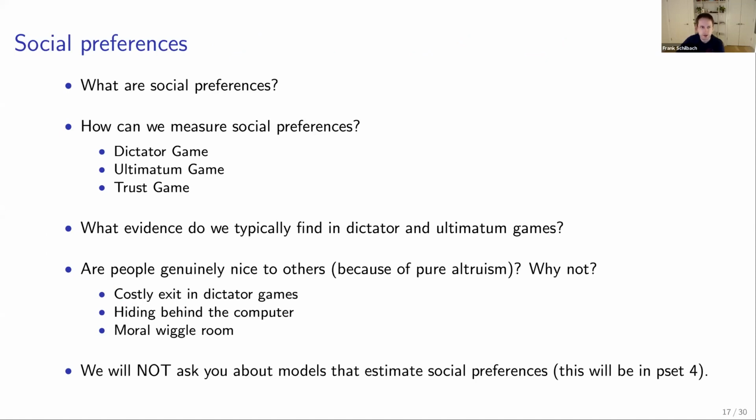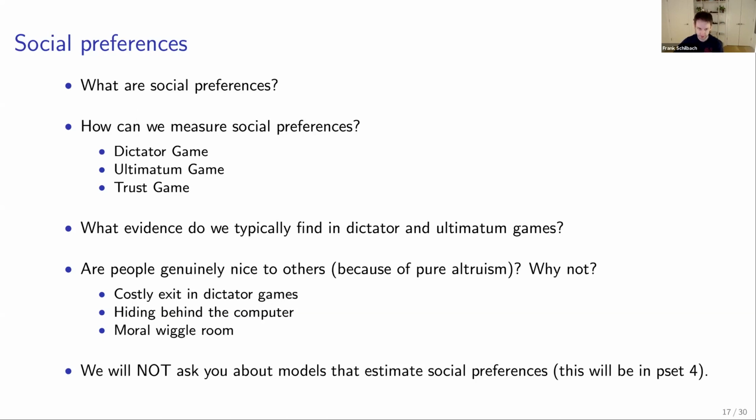Okay. The third broad set of preferences that we discussed were social preferences. We didn't quite finish with this, so we're not going to cover everything, in particular not lecture 13, and the estimation part of social preferences from choices, which will be in problem set 4. You should understand what social preferences are. You should also understand how we can measure social preferences in lab games.